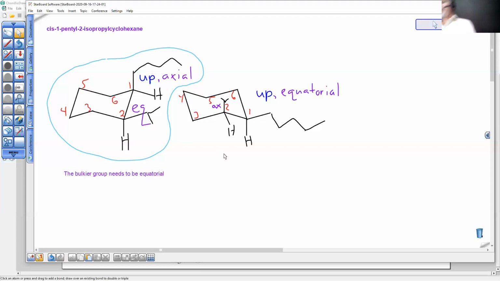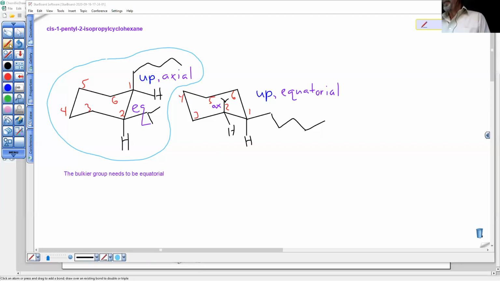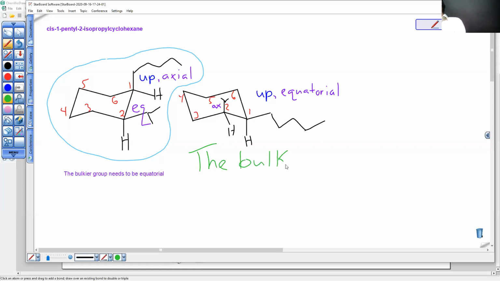That means there's going to be more steric hindrance on this bulkier group. So bulkier group is branched close to the ring, and people always ask me, what does bulky mean? The bulkier group is branched closest to the ring. Hello.